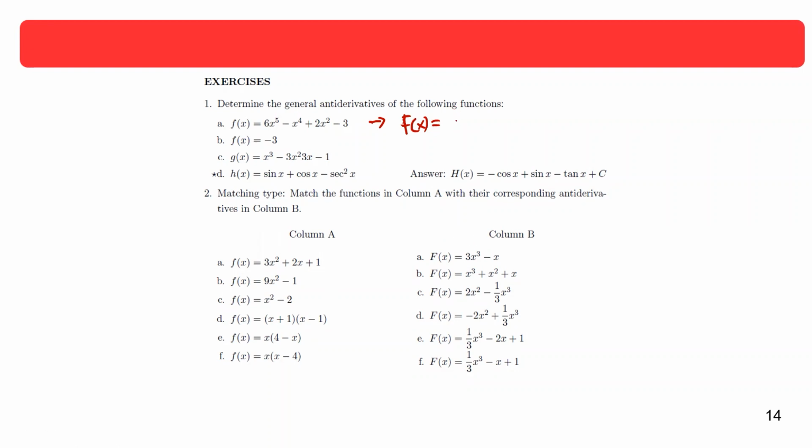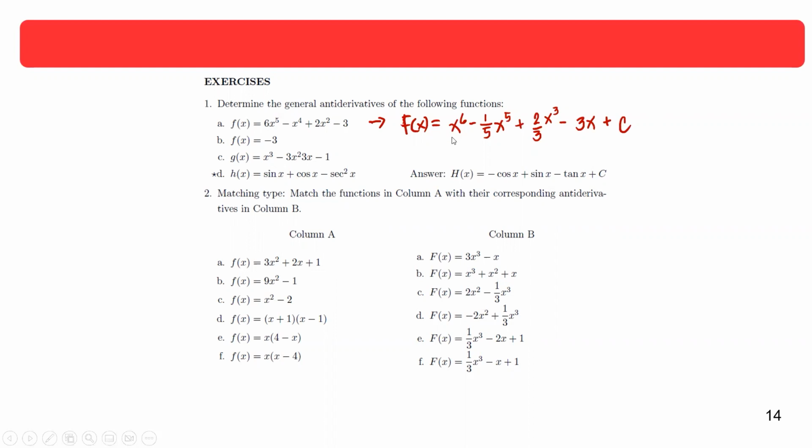X raised to 6 over 5 minus x raised to 5 over 5. So minus 1/5 x raised to 5. Yep, very good. That's correct.